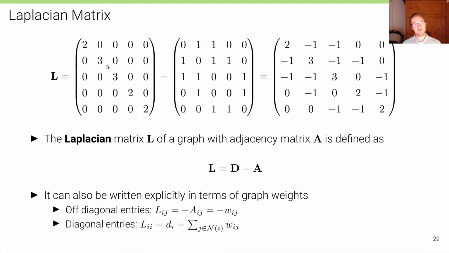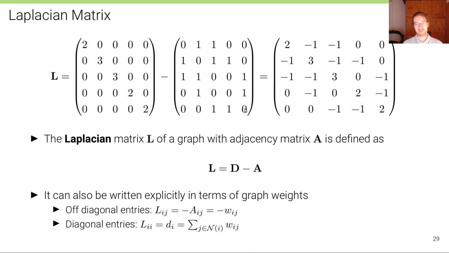In the example from before, we have this degree matrix here, we have this adjacency matrix here, and we have the resulting Laplacian matrix L here on the right. We can already see that the degree is on the diagonal, which makes sense because we have only diagonal elements for the degree matrix, but zero diagonal elements for the adjacency matrix.